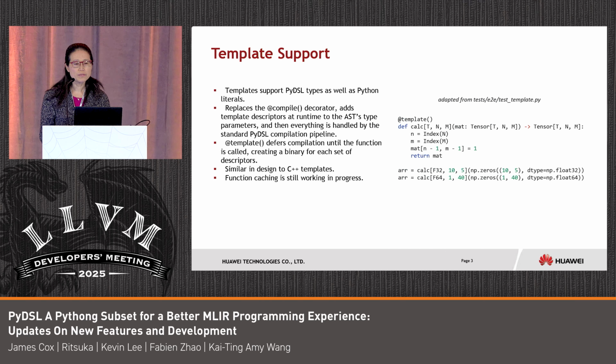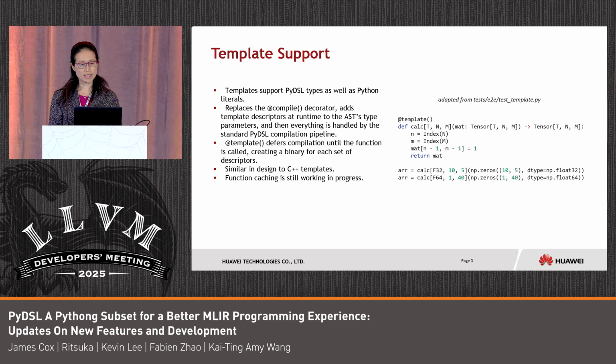We introduced a new feature, just like the C++ template for kernel specialization. A template decorator is introduced for this purpose. So add template works slightly differently than the add compile decorator that was on the previous slide, in that it only grabs out the AST.